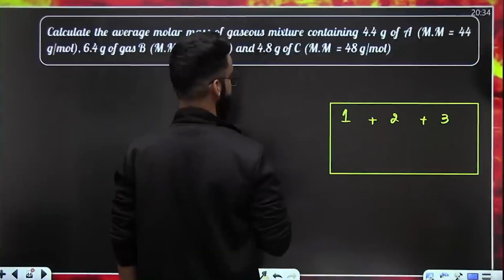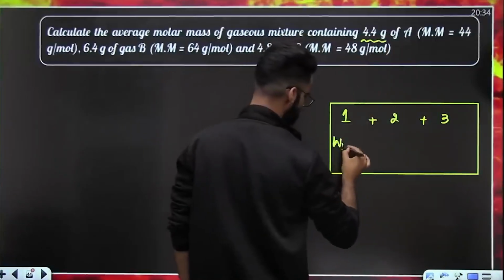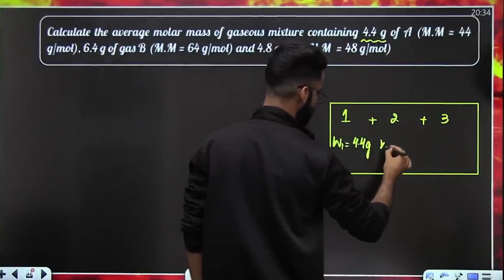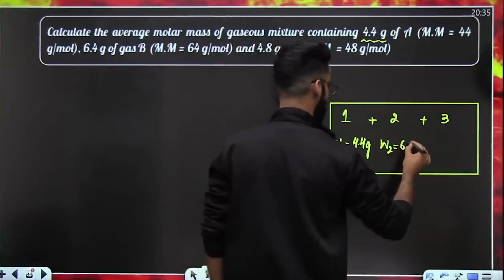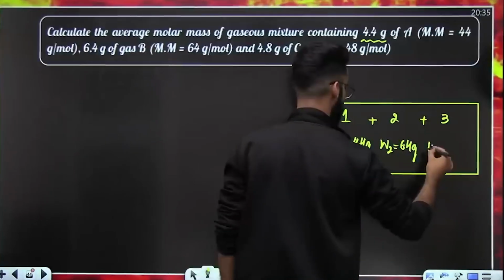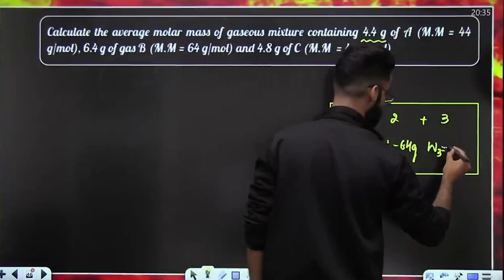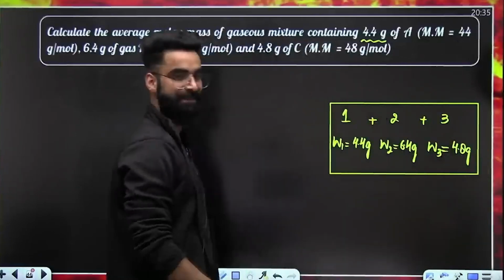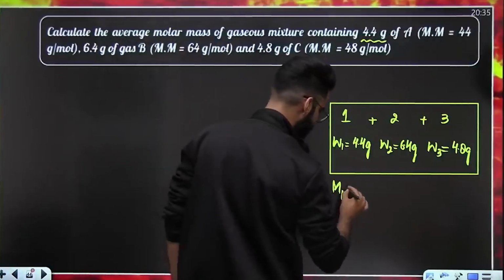How many grams of gas A are there? As per the question, we have 4.4 grams of gas A in the container. Similarly, 6.4 grams of gas B, and 4.8 grams of gas C. What about the molar mass of gas A?